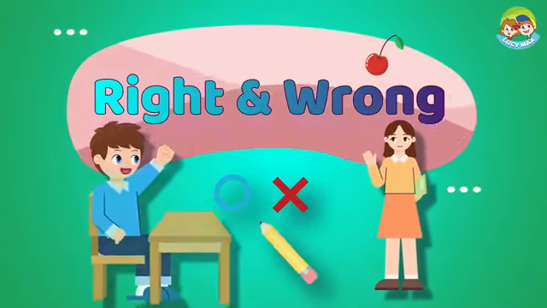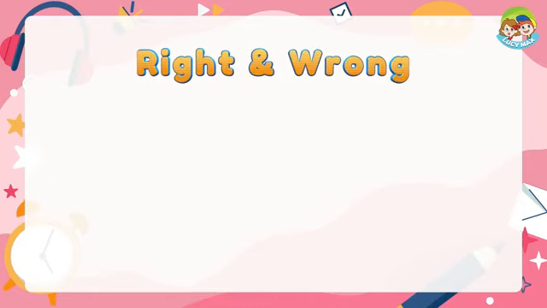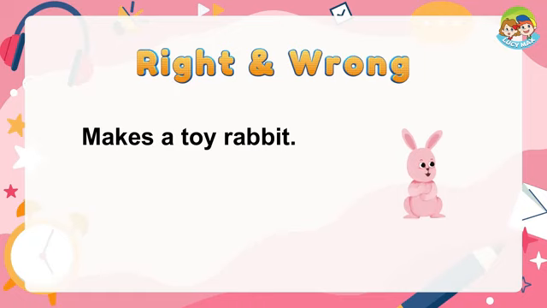Right and wrong. Now let's look at the right and wrong section. The first one says, makes a toy rabbit. This is wrong. There should not be an S on the verb makes.